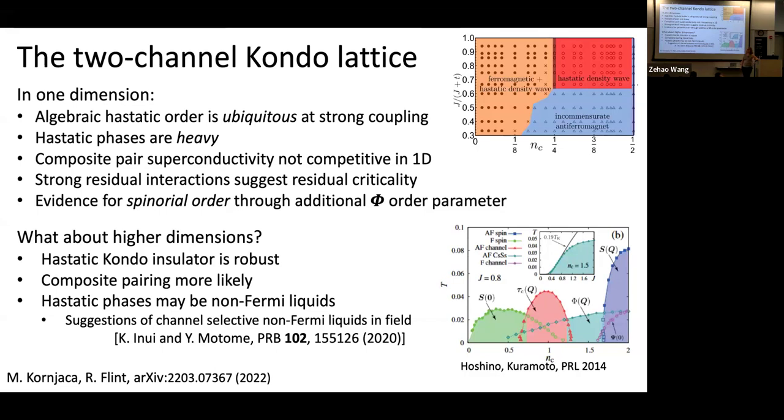My picture where I draw the quantum critical region looking like this is a little bit of a lie. It looks like this, it's parabolic. So it could be that you're still in that region where you're just seeing the finite temperature residual criticality, or it could be that in the lattice you're very weakly breaking the channel symmetry because the moments are not very large. Yeah, possibly. I don't know.